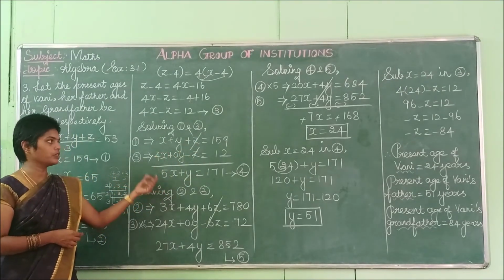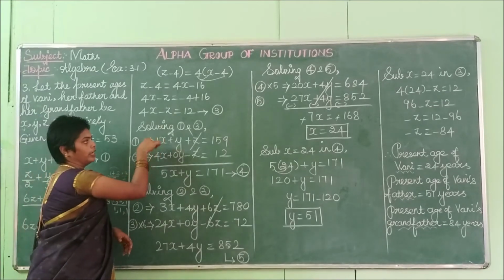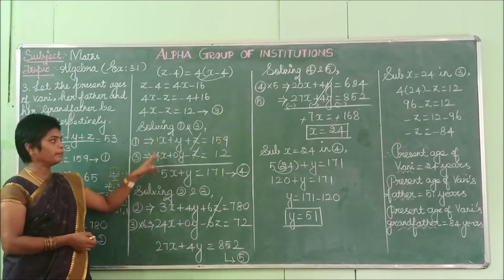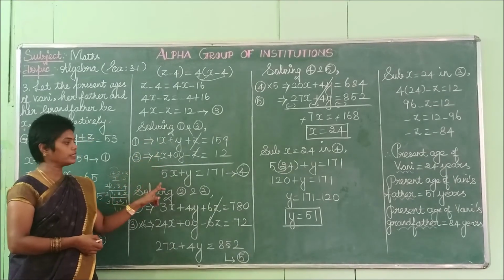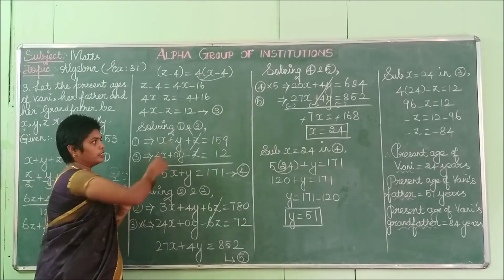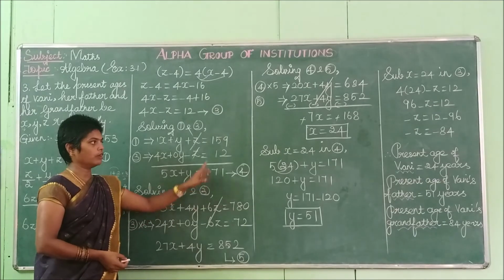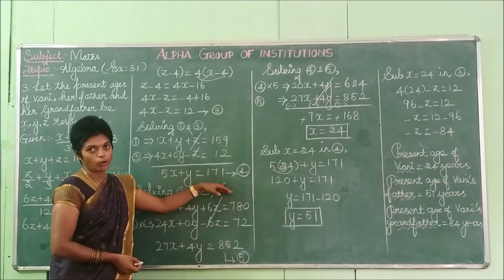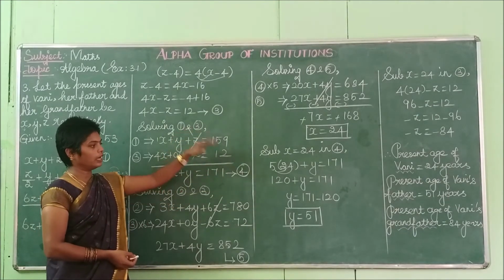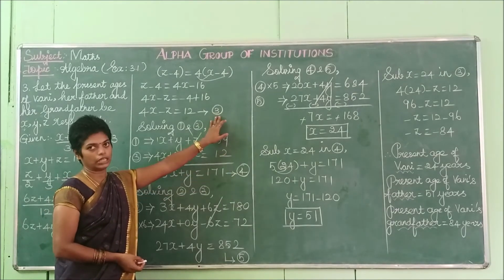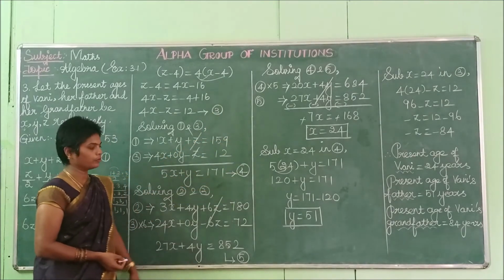So what are the other terms? Nothing is here means you can take that as 1. So 1 plus 4 is 5x. Here also 1. 1 plus 0 is 1. Simply written as y, which is equal to, adding those numbers you get 171. So again another equation. So the third equation is completed, take it as 4.